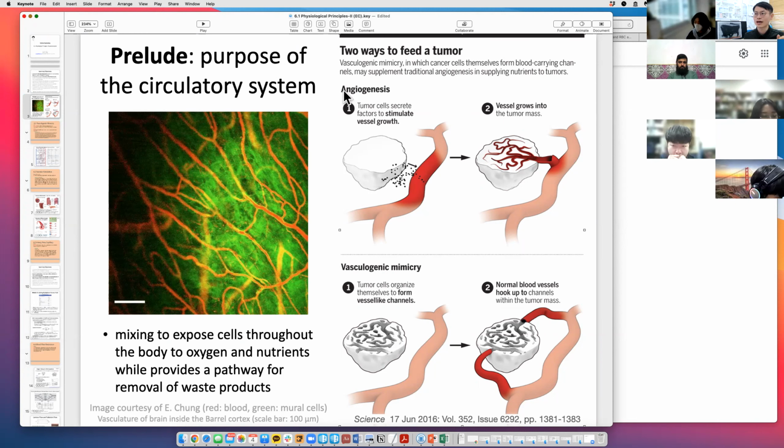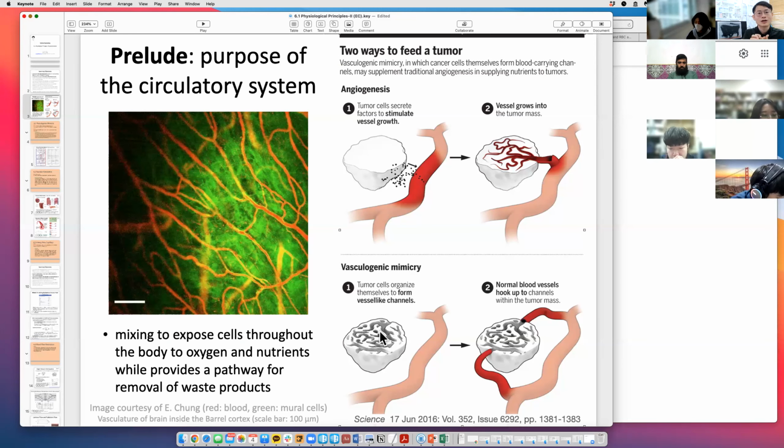So that's called angiogenesis, a new formation of vessels from existing ones. But think about your development, when you are nothing and then you start to form a vessel that doesn't have an existing vessel. So you have to create vessels at the beginning. So that's called vasculogenesis.